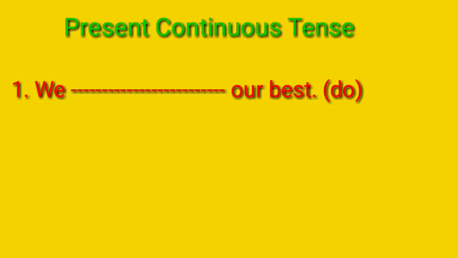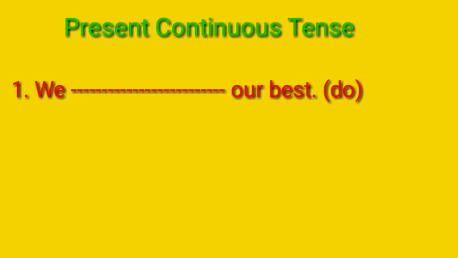Do. Okay, so what do we have to do first? We have to check what is the subject here. Subject is we. We is singular or plural? Plural. Okay, and what is the present continuous tense form? Subject plus is, am or are plus ing form of the verb plus object.